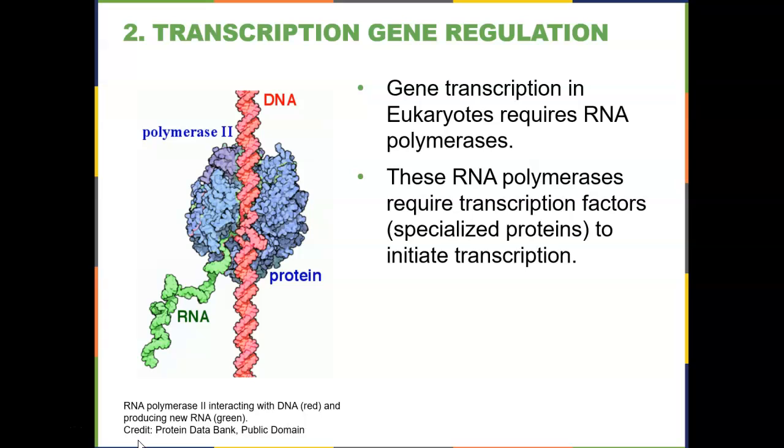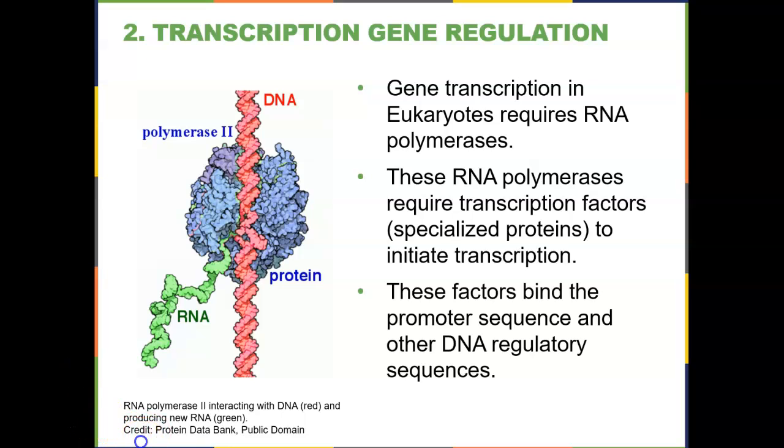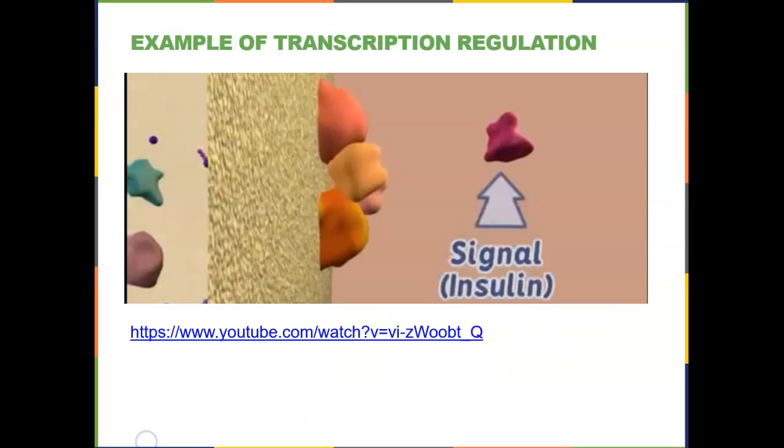So in order to make the RNA, we're going to have to give the RNA polymerase the ability to attach to the DNA. And there are special proteins that are going to help that and signal that to happen. And so these factors are going to bind to a part of the DNA called the promoter sequence, and they're going to get things going.